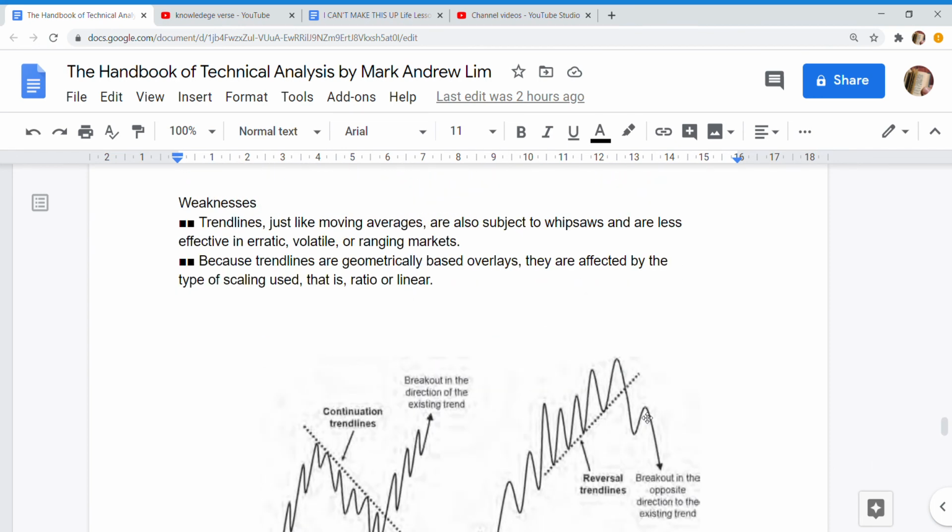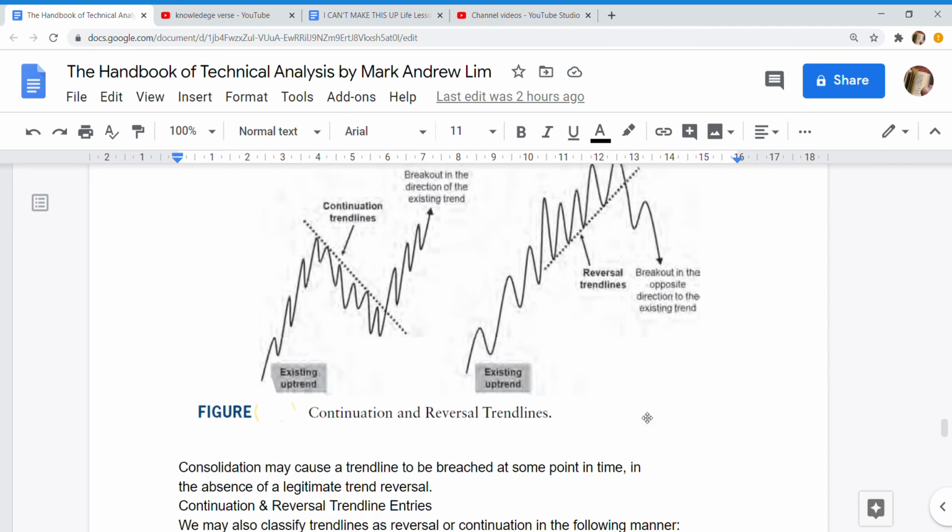Weaknesses. Trend lines, just like moving averages, are also subject to whipsaws and are less effective in erratic, volatile, or ranging markets. Because trend lines are geometrically based overlays, they are affected by the type of scaling used, that is, ratio or linear.